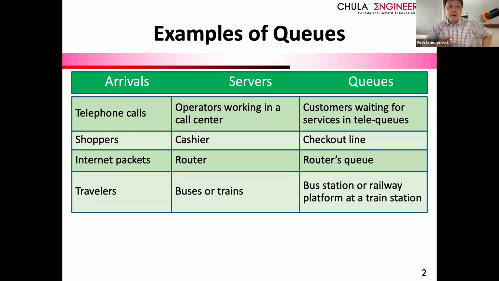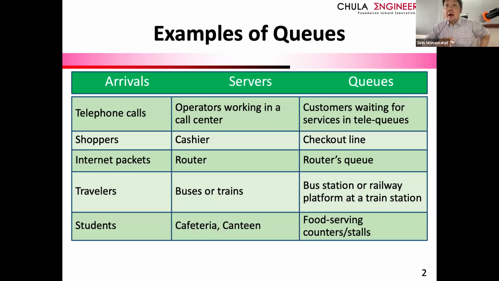Other physical examples are queues for transportation, right? At bus stations or train stations. So you see examples everywhere. Right before you come to this class, you are most likely queued up at the faculty cafeteria.